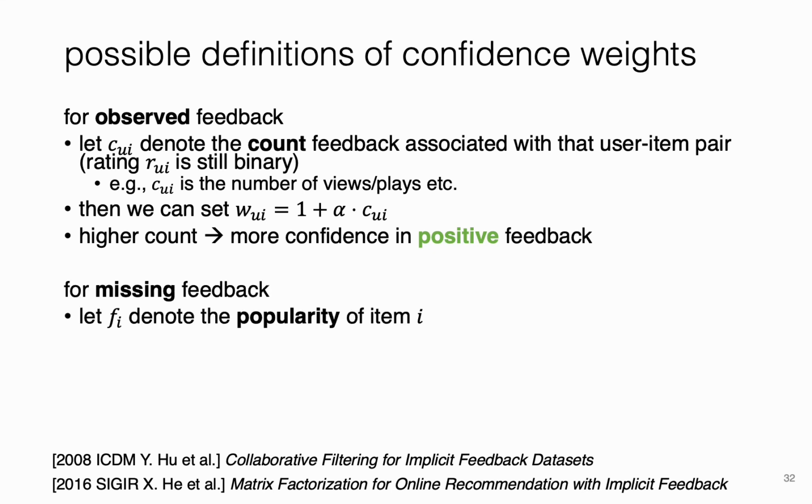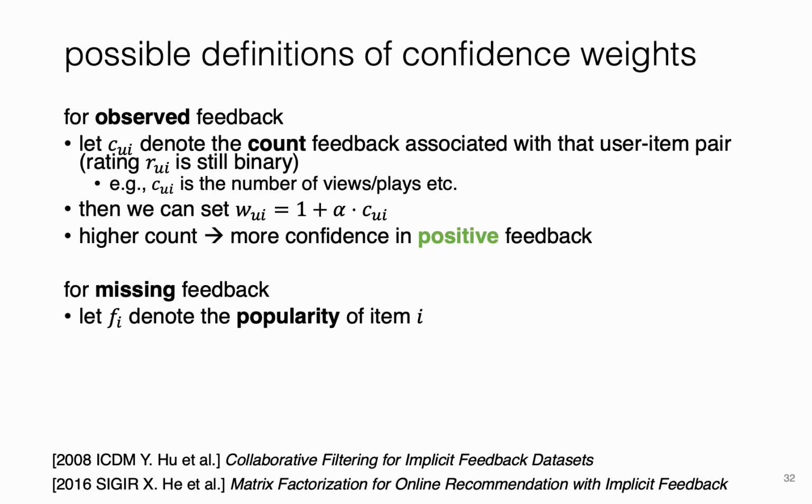For missing feedback, assume that we know the overall popularity of items. Let Fi denote the popularity of item I. This can be collected by statistics across all user interactions, for example.